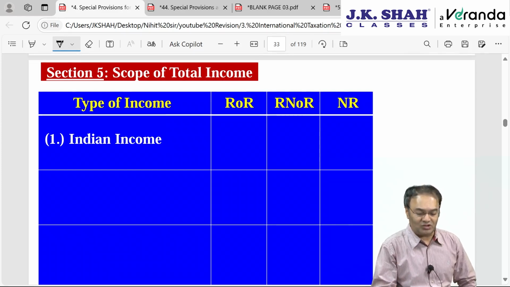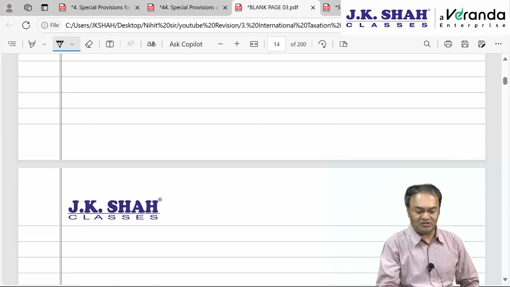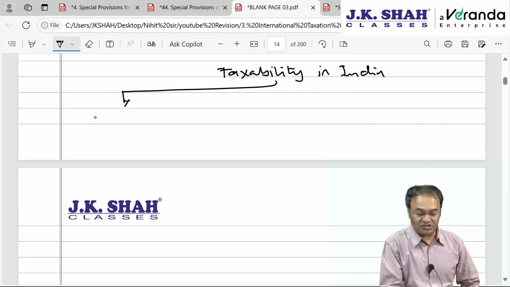Now section 5, scope of total income. Somewhere while discussing section 9, we had discussed that whether an income will be taxable in India or not, taxability in India depends upon 3 factors. Number 1, what is the place of accrual?